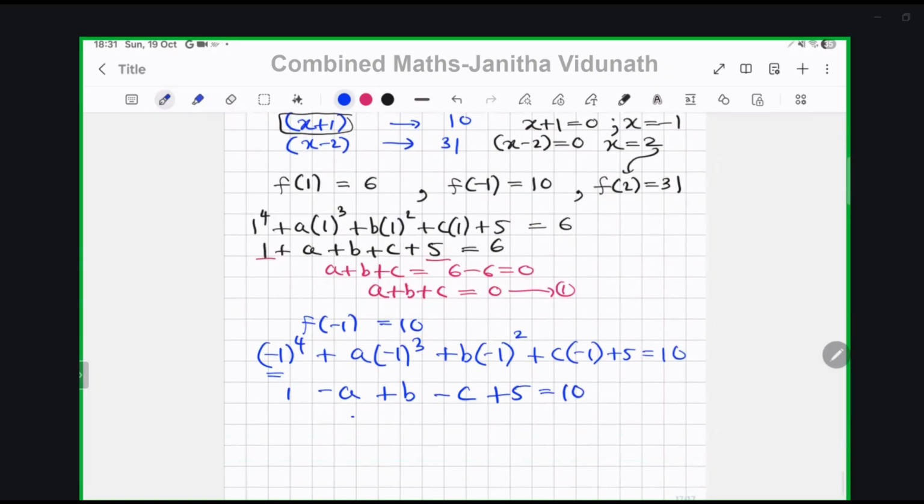That means minus A plus B minus C equal to 10 minus 1, bringing 1 and 5 to the right hand side. That means minus A plus B minus C is equal to 4. This is our second equation.